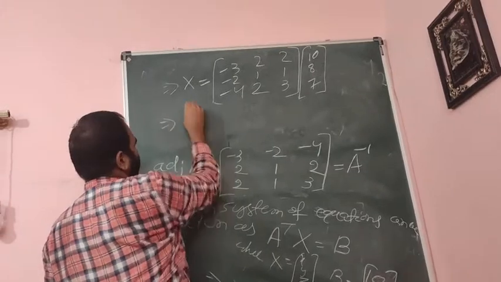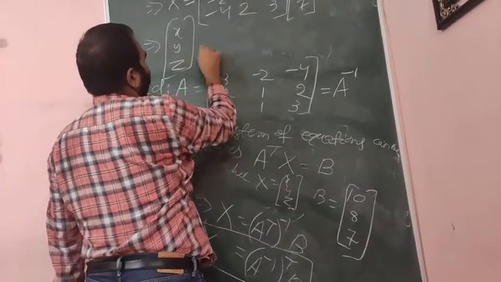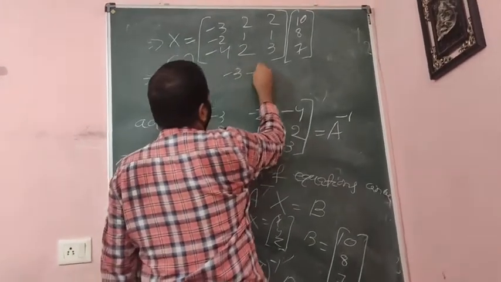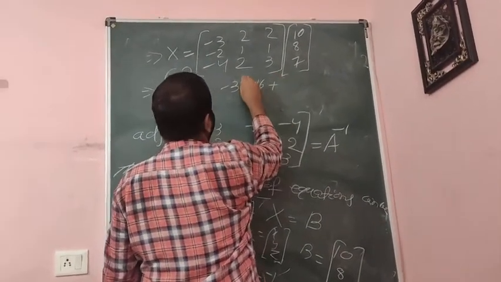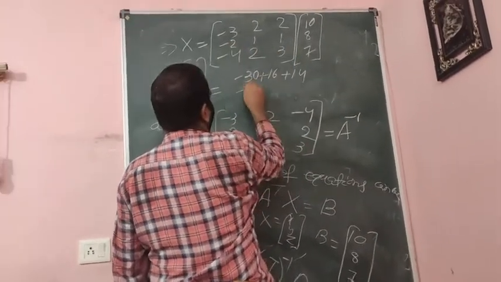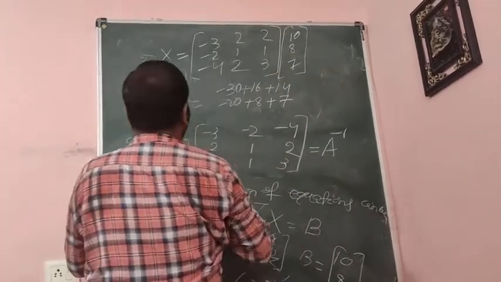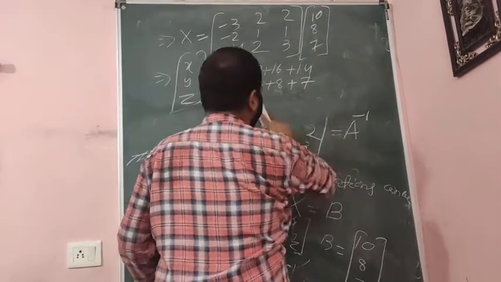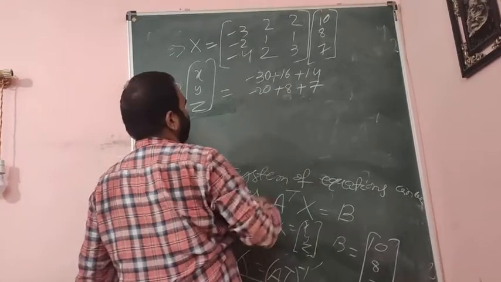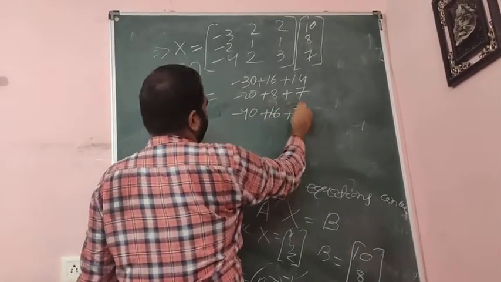On the left hand side it is X, Y and Z. That equals, here multiply: minus 30 plus 16 plus 14. And here minus 20 plus 8 plus 7. And then it is minus 40 plus 16 plus 21.